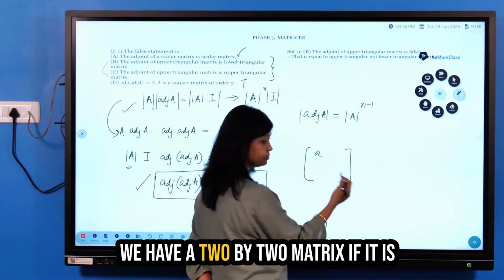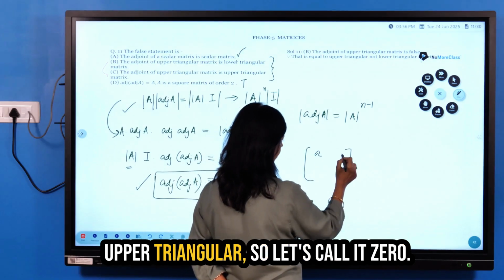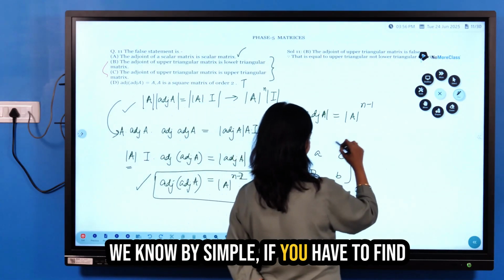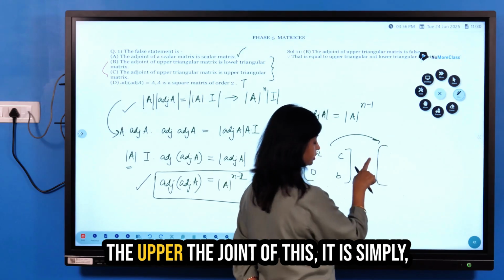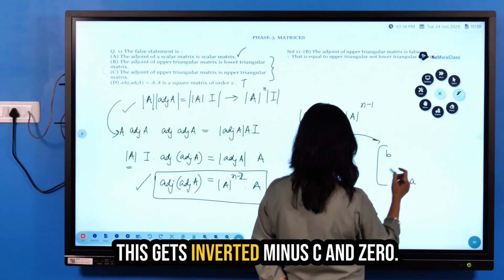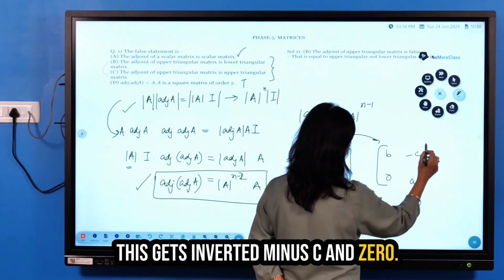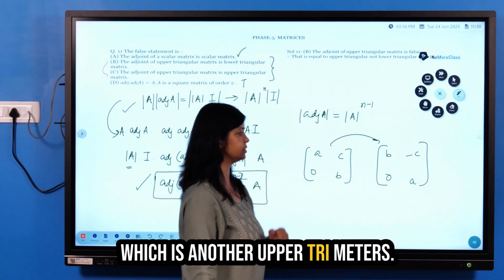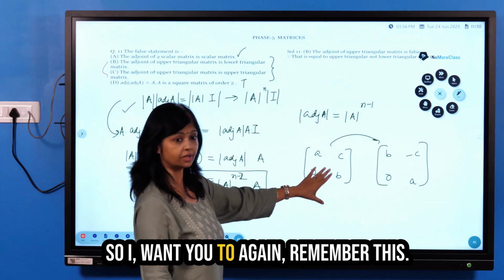Suppose we have a 2 by 2 matrix. If it is upper triangular, let's call it a, b, 0, c. If we have to find the adjoint of this, it is simply: the diagonal entries get exchanged, and the other entries become their additive inverse. So you get c, minus b, minus 0, a. This is your adjoint of a 2 by 2, which is another upper triangular matrix. So I want you to again remember this.